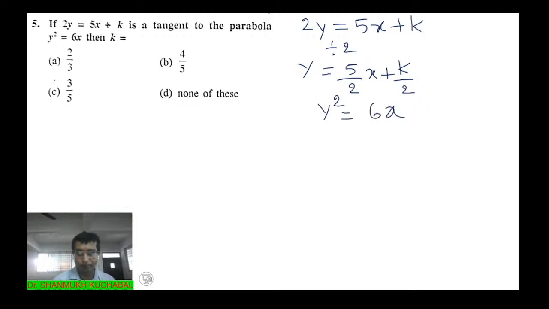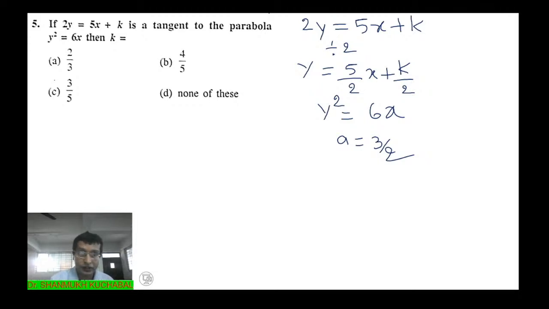On comparing the x coefficient, we will get the a value, it is 3 by 2. Since y square equal to 4ax is a parabola, simplifying that, we get a equal to 3 by 2.